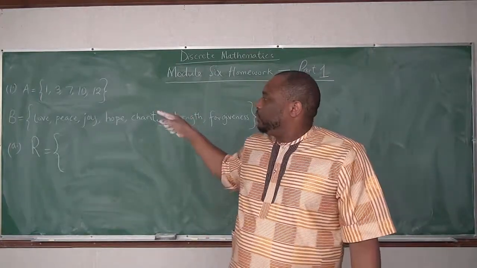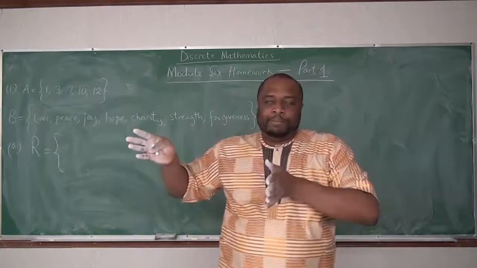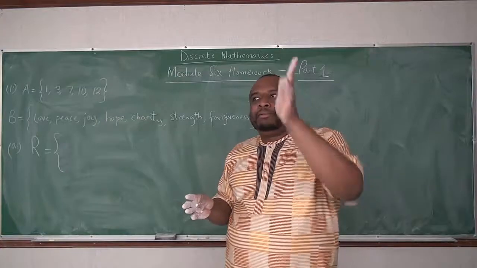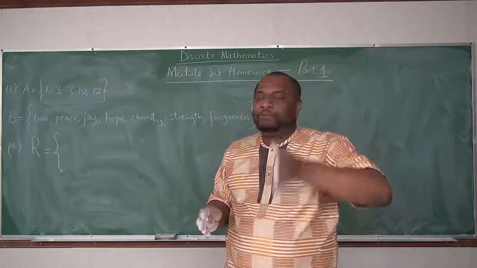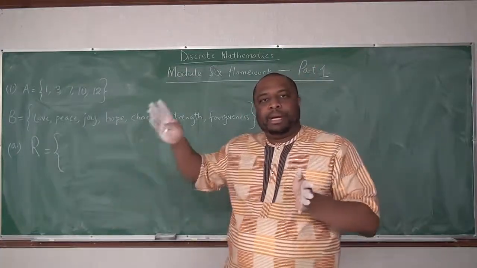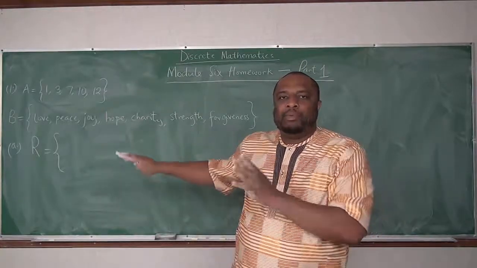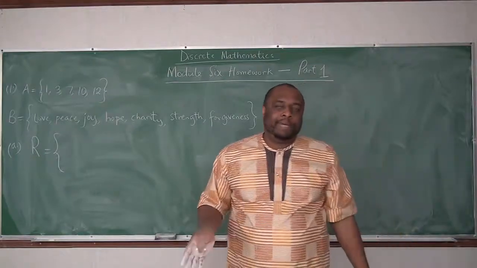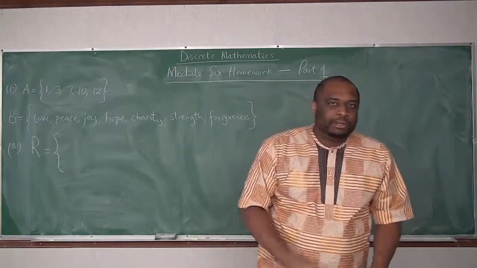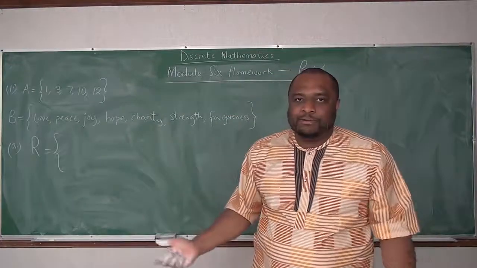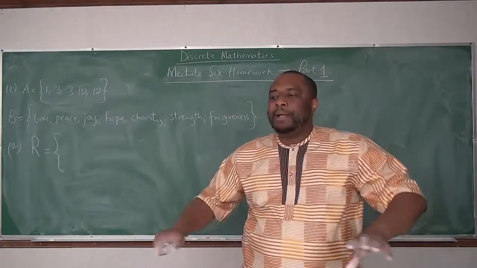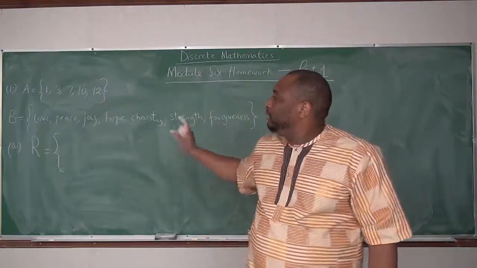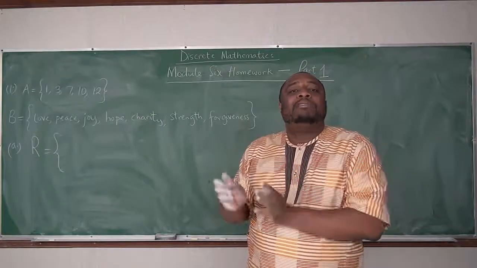So this is a relation from A to B. The domain will be from A and the range will be from B, and we shall put them in ordered pairs as a set of ordered pairs. That is the definition of a relation anyway. The input is the A and the output is the B. Each input will have a unique output.